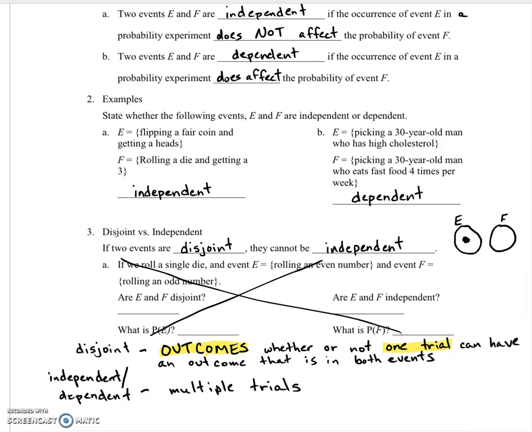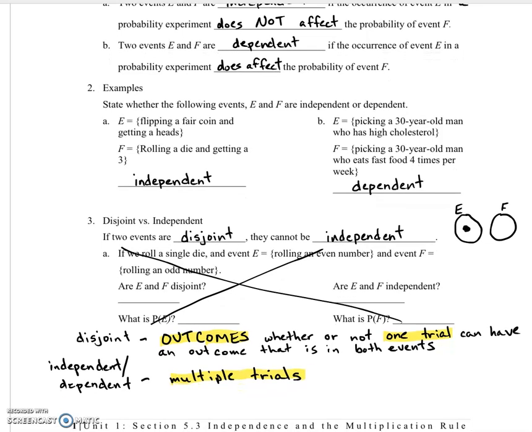So I do something, and then I do it again, and I need to know whether the first time I did it changes the probability of it happening the second time. So that's the main difference there.